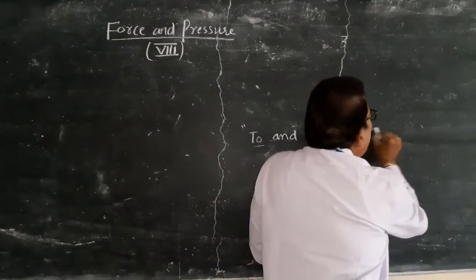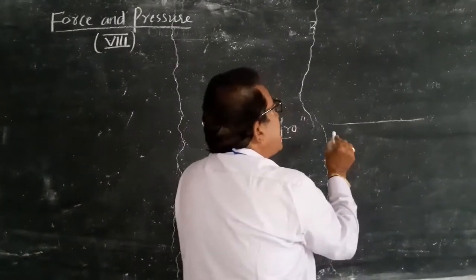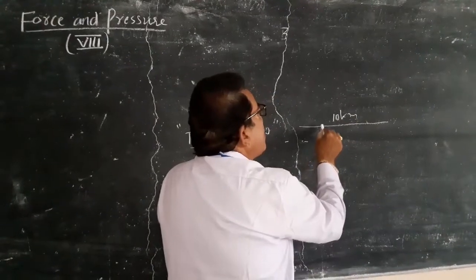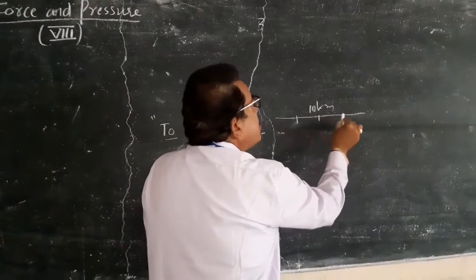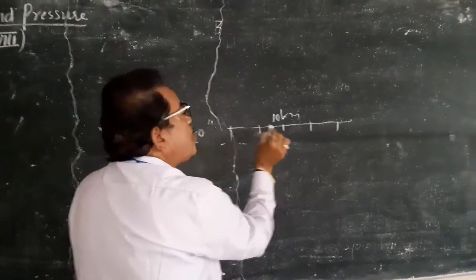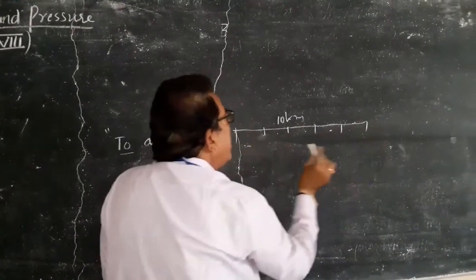For example, let us take a 10 kilometer distance. Let us mark it as 5 different parts which are equal in magnitude: 1, 2, 3, 4, then 5.